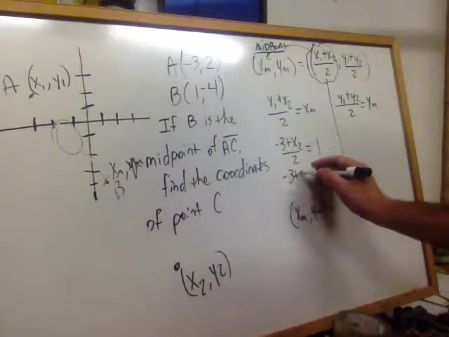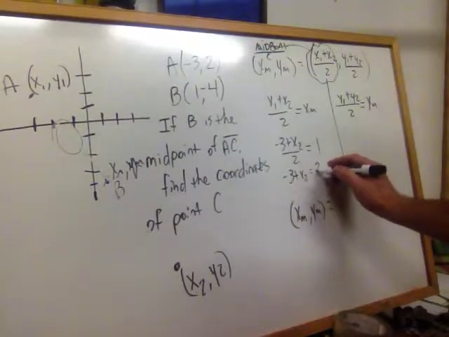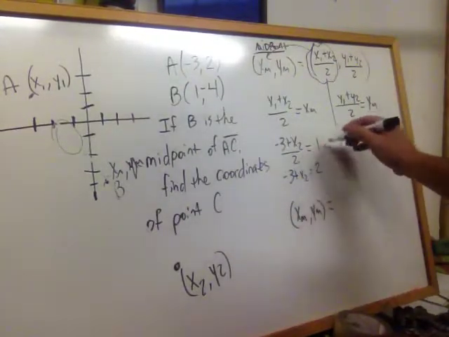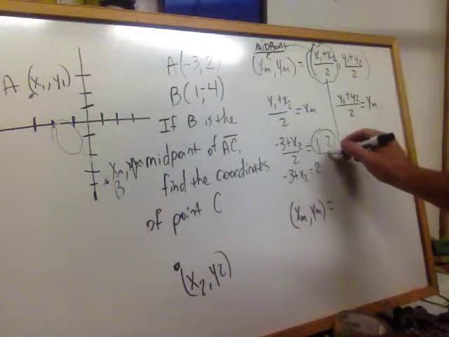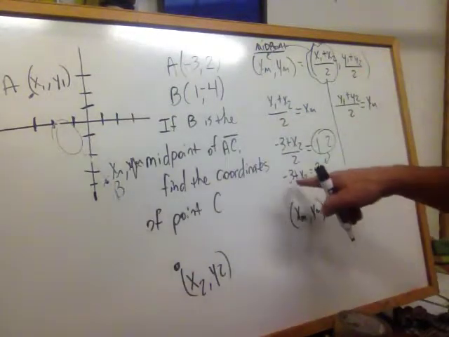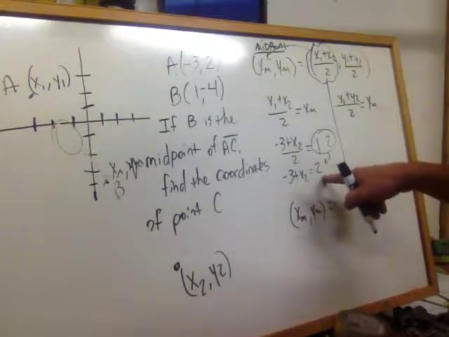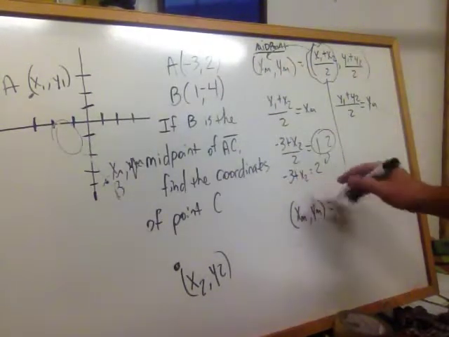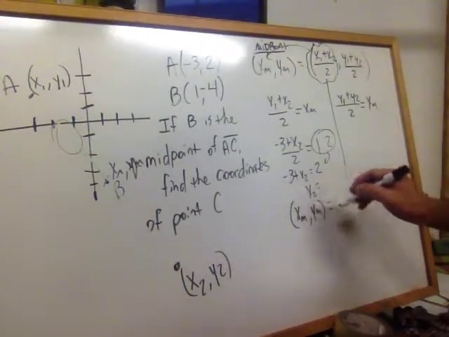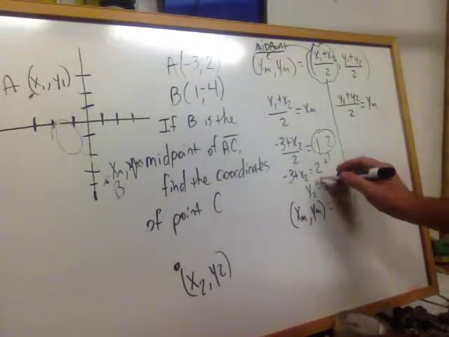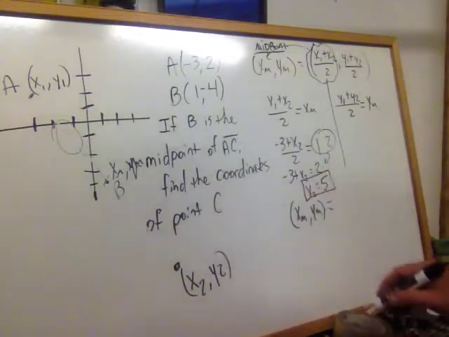So negative 3 plus x2 is equal to 2, because the 2 multiplies to the 1 over here and gives you that 2. And then you have a negative 3 over here. Simple algebra says to add the 3 over there. And so your x2 coordinate winds up being a 5. So that's the first part of your answer.